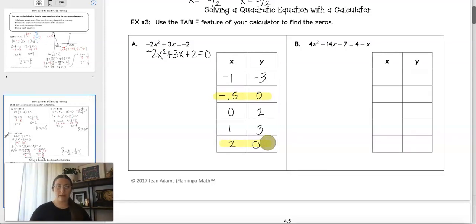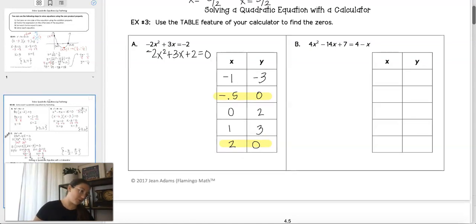So the answer to this would be x equals -1/2 and x equals 2. Those would be the solutions to this quadratic. Let's go ahead and write ourselves a little note of what we did.